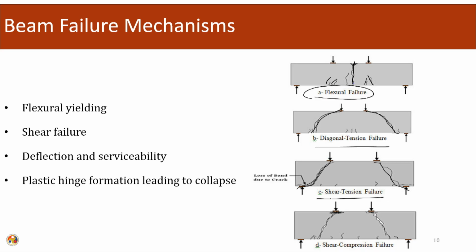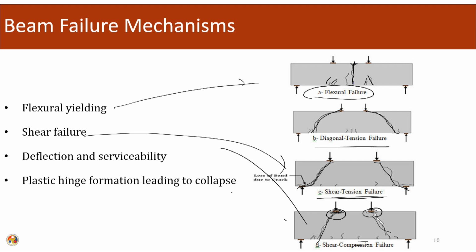There is also a shear compression failure where the crushing of the member occurs and propagates towards the supports. So, flexural yielding, shear failure, and the section might also fail in the deflection and serviceability criteria, and there might be the formation of a plastic hinge which will lead to the collapse.